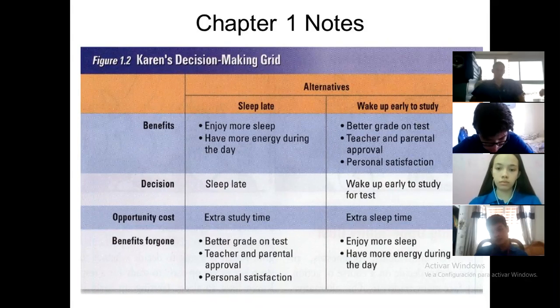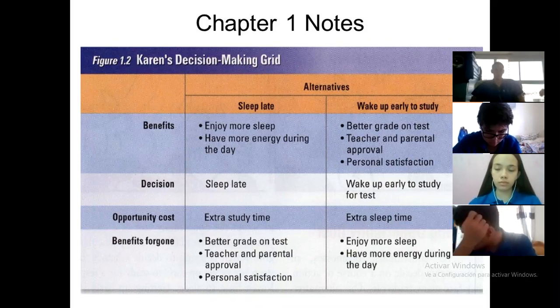Now, if she had decided to wake up at around, let's say, 2 a.m. in the morning, maybe her benefit is that she's going to get a good grade on her test.